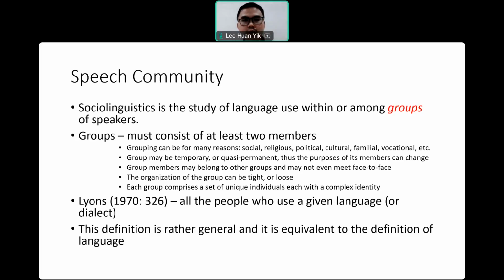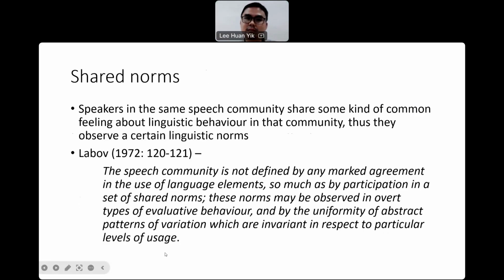Basically, a speech community refers to all the people who use a given language. This definition is very general, equivalent to the definition of language, in other words. Okay, moving on to the next slide, we're talking about shared norms. People from the same speech community tend to share the same common feelings about one another and about linguistic behavior in the community.